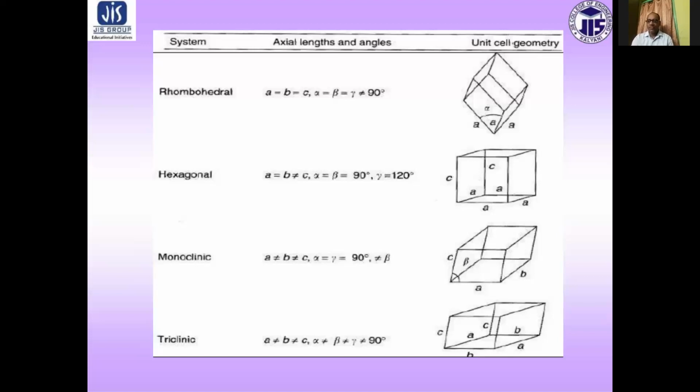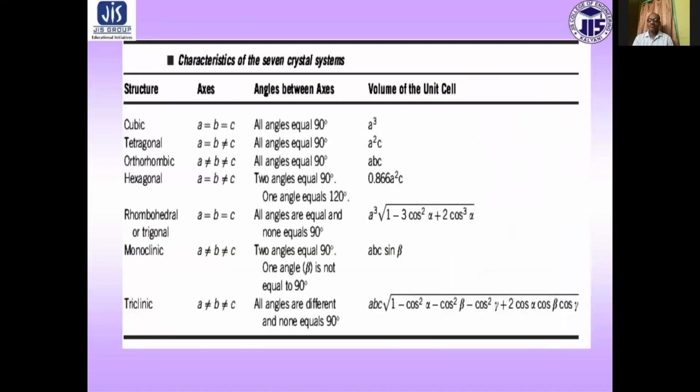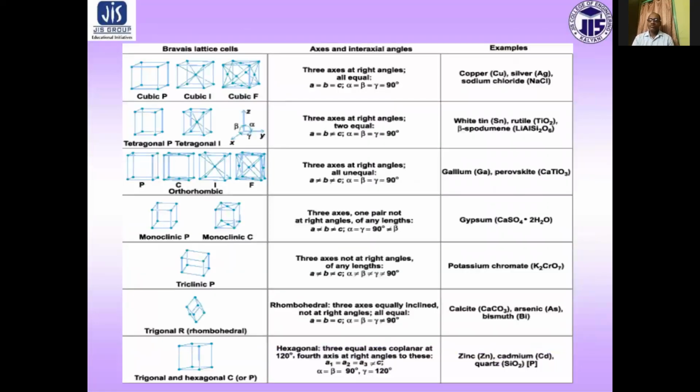The 14 Bravais lattices are given in this figure and table. The actual crystal structure can be obtained by placing atoms at Bravais lattice points or at some other points which have fixed relation to the Bravais lattice points.